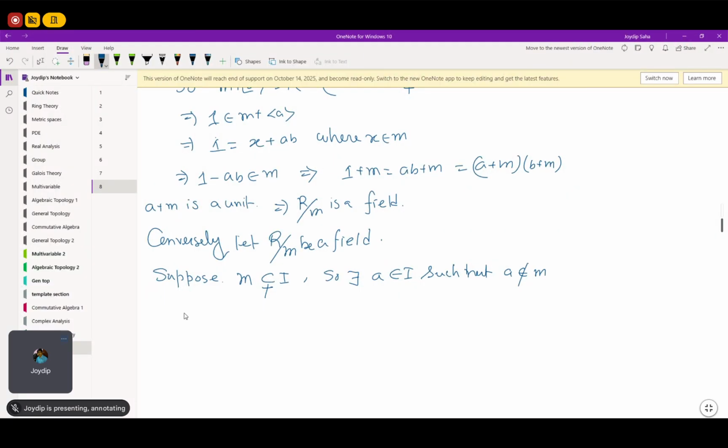So a plus M is non-zero. This implies a plus M is a unit.